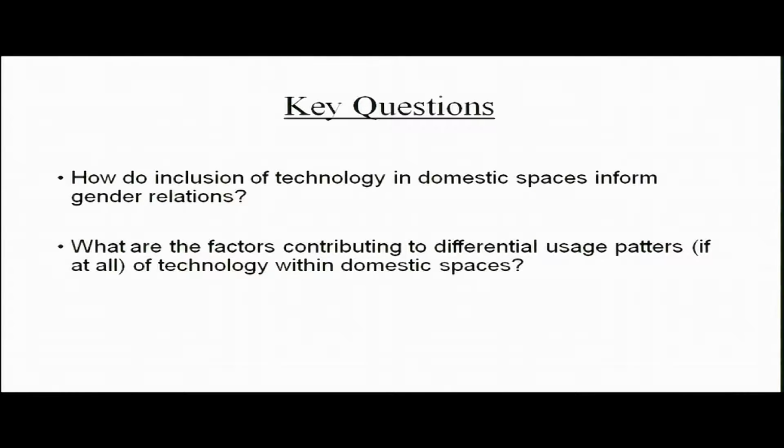So, we have seen that scholarship has increasingly been invested in understanding the implications of technology, particularly the role of communication technologies such as the use of computers, the internet, and mobile phones, and how they are used within family life. How have these technologies influenced family life and domestic spaces?